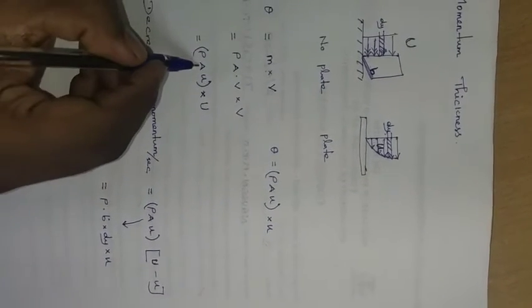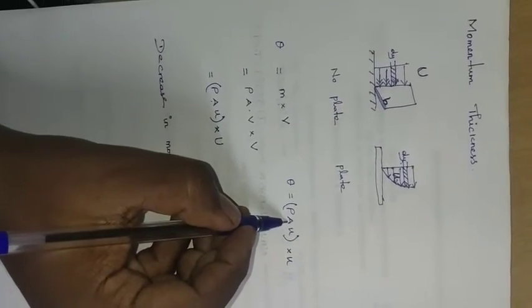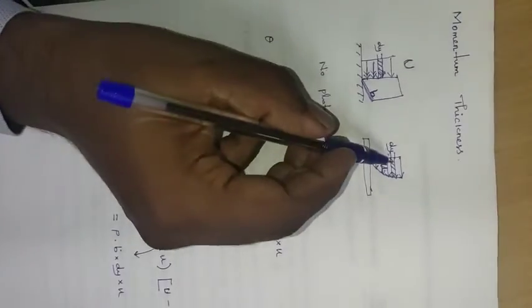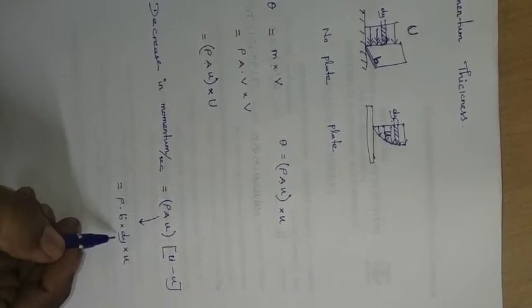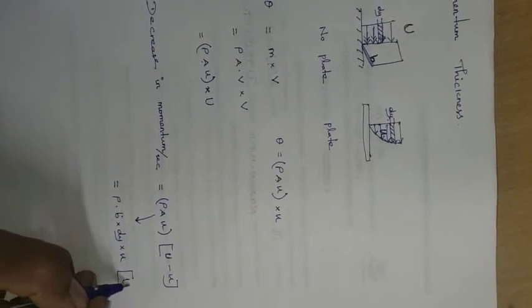So here itself you can replace b into dy instead of a, and here also b into dy, because in both the cases we are taking the same kind of strip, same size of element only, right? So we can change the area like this, and we can write capital U minus small u. So that is the momentum decrease.